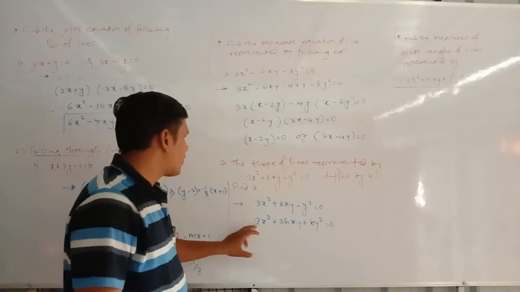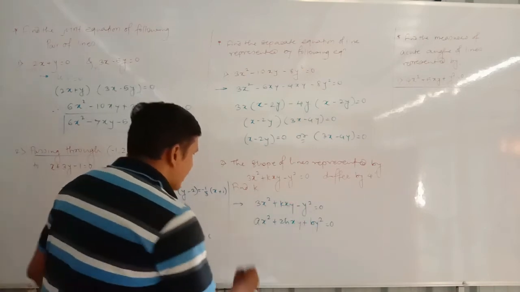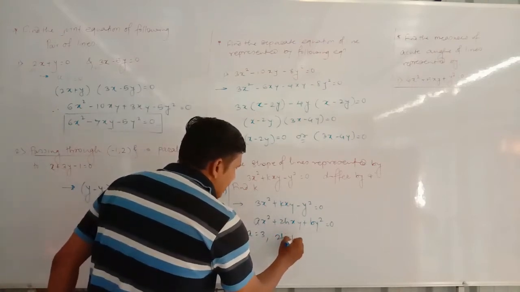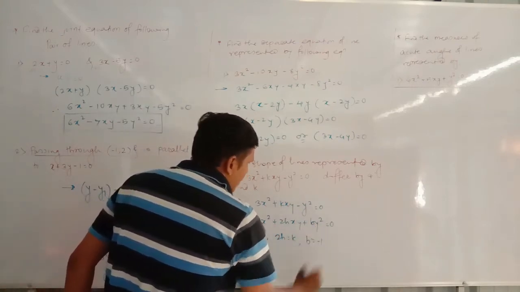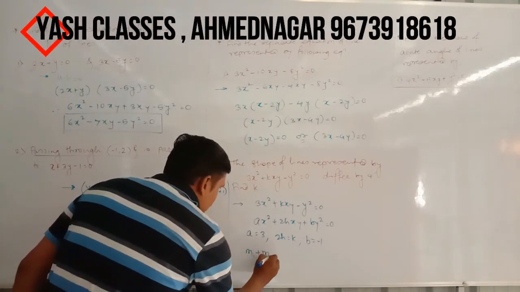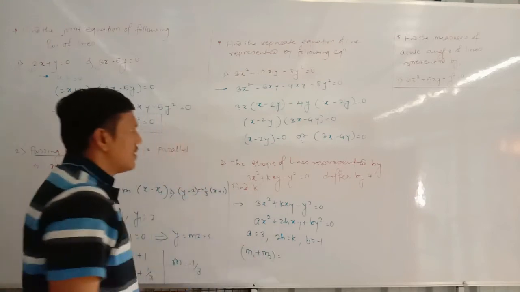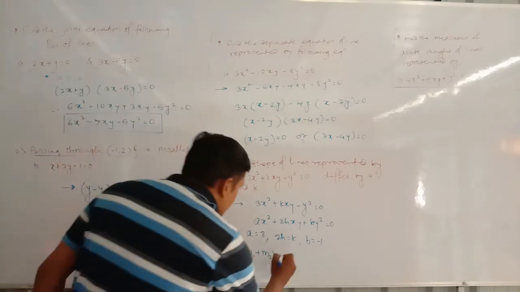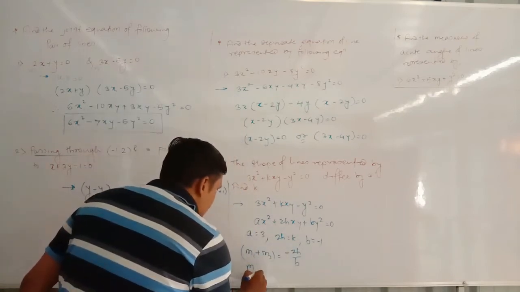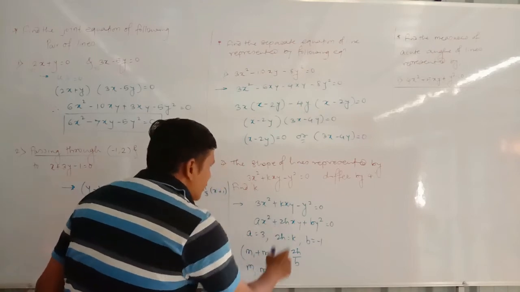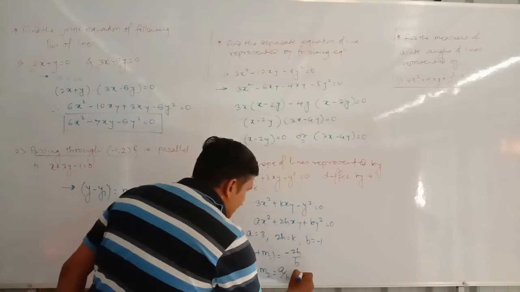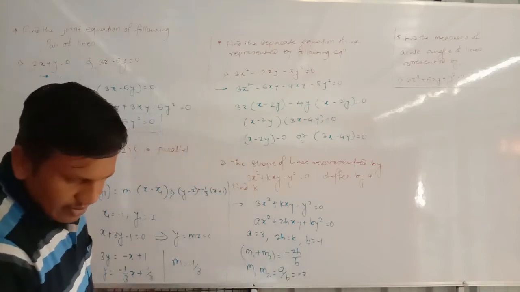Okay, so from here we can compare the various parts. Here a is equal to 3, 2h is equal to k, b is equal to minus 1. Now m1 plus m2 is equal to minus 2h by b, and m1 m2 is equal to a by b, which is 3 divided by minus 1, so it is minus 3.